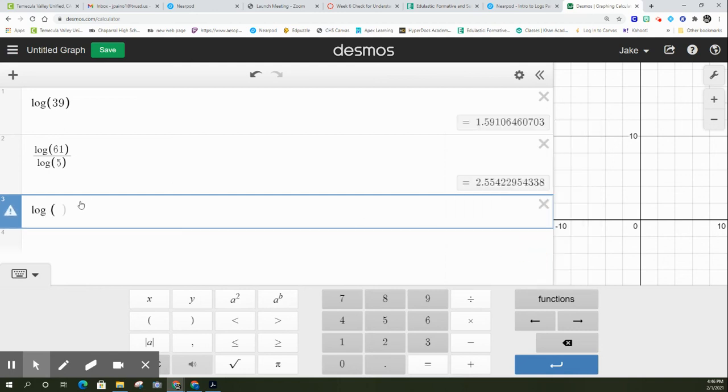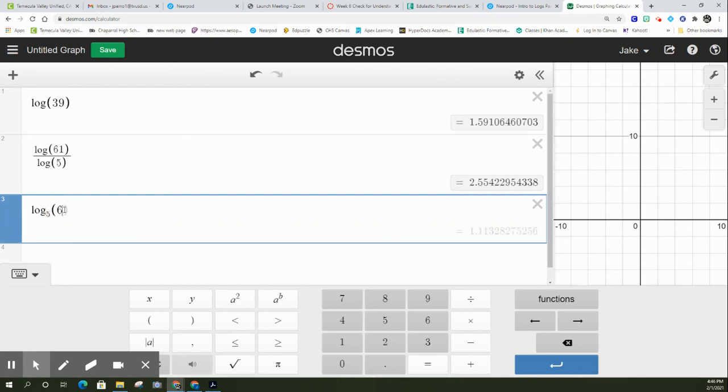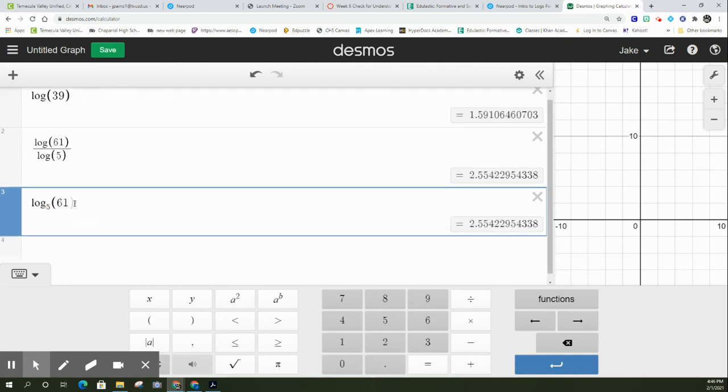Calculators now allow you to pick whatever base you want. Not every calculator has that feature. If we were in the classroom, our school set of calculators does not have that feature. But Desmos does, and you can see the same answer, 2.554.